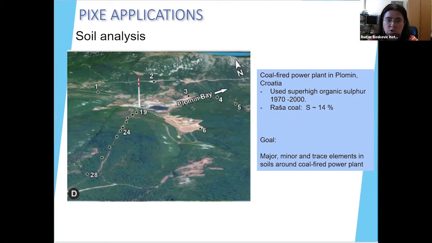So we took soil samples around the power plant. The goal was to determine the major, minor, and trace elements in soil to see if use of this Russian coal caused some consequences for the pollution of the soil in the surrounding area.